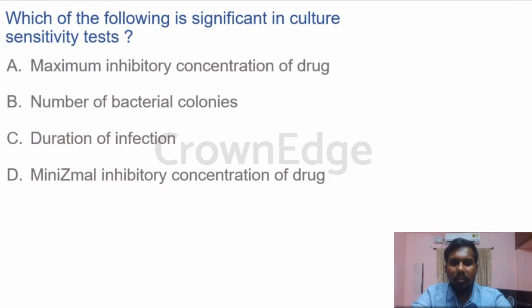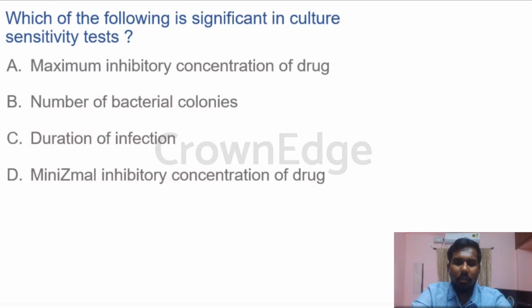So the answer is D, minimal inhibitory concentration of the drug. Whenever you send a patient for a culture sensitivity test, the most important thing you check in the report is that it will give around 10 to 11 drugs, and it will outline the minimal inhibitory concentration of each drug.